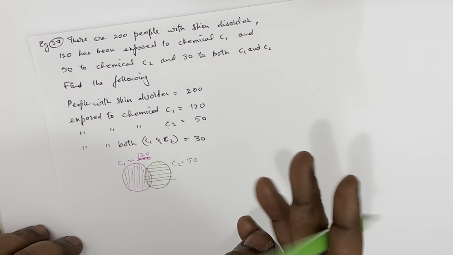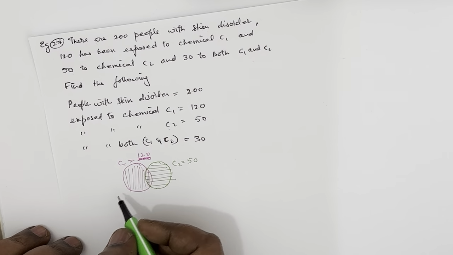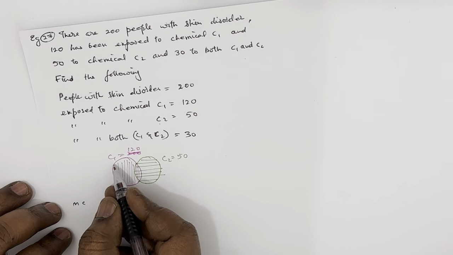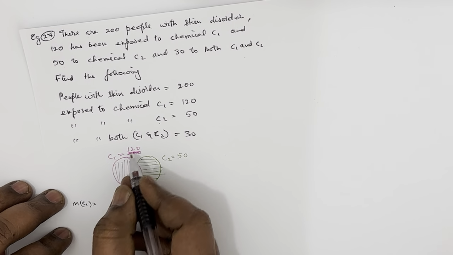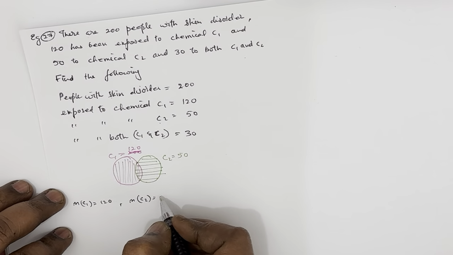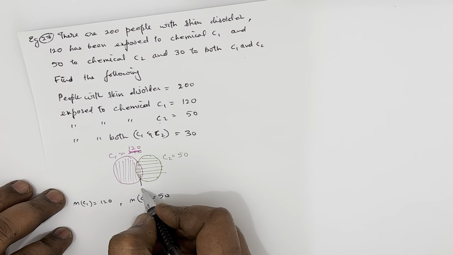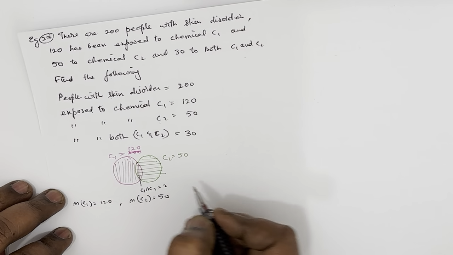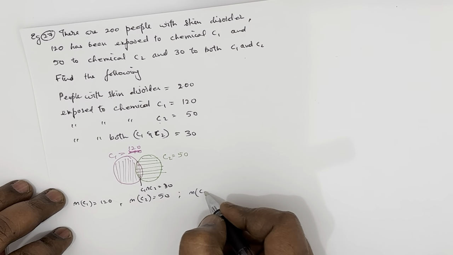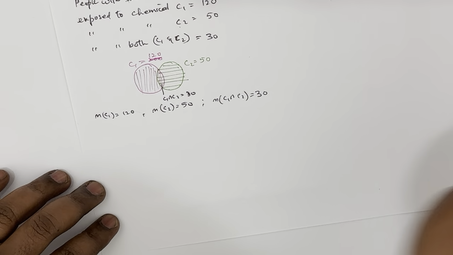Now what we have: n of C1 is 120, n of C2 is 50, and 30 people are here, that is C1 intersection C2. So n of C1 intersection C2 equals 30.